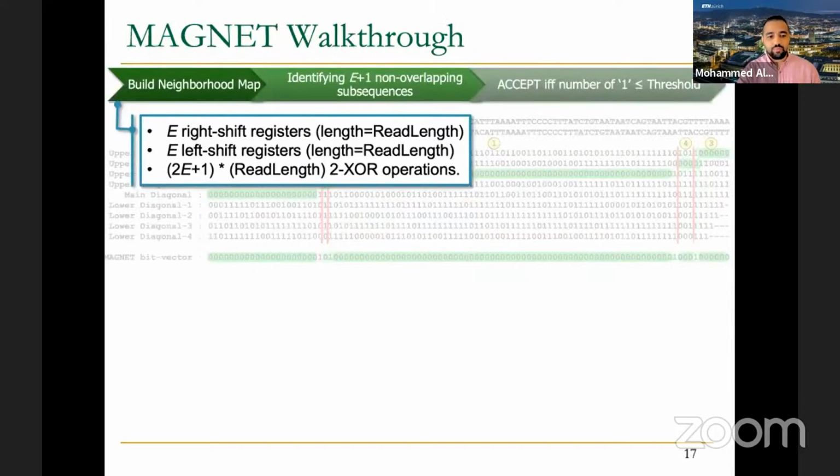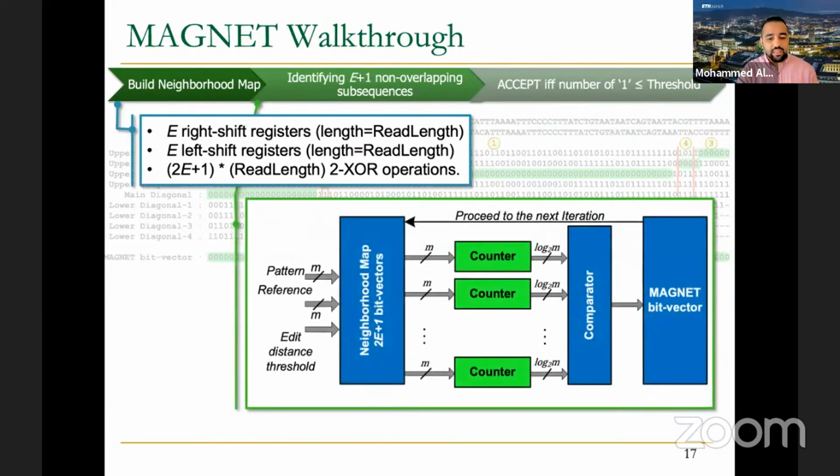All right, so we implement this on FPGAs, and these are the resources needed. To count here, either you can consider the entire mask, or you can divide the problem into, for example, 2 subproblems, and then solve each of them separately using the MAGNET algorithm.